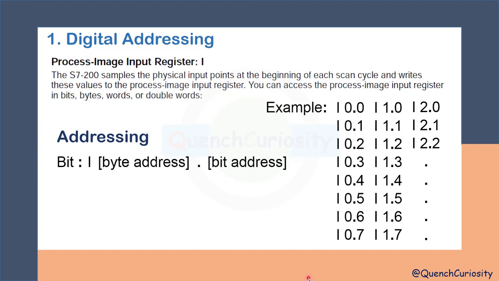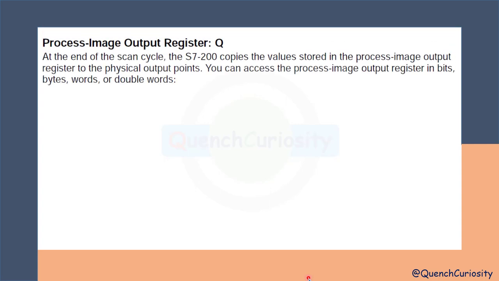Now let's see the next type of register. We have seen the input register, and it is essential that we also understand the output register. Similar to my input register, the output register acts the same way.